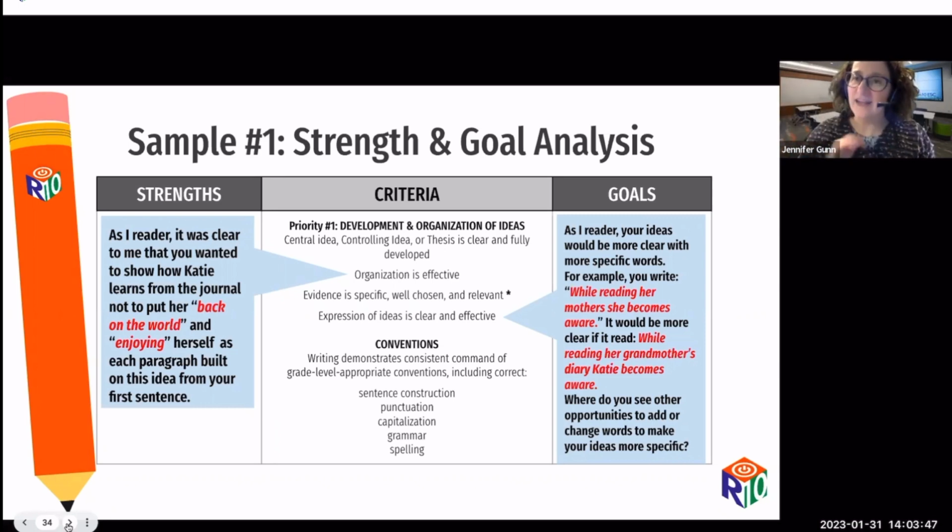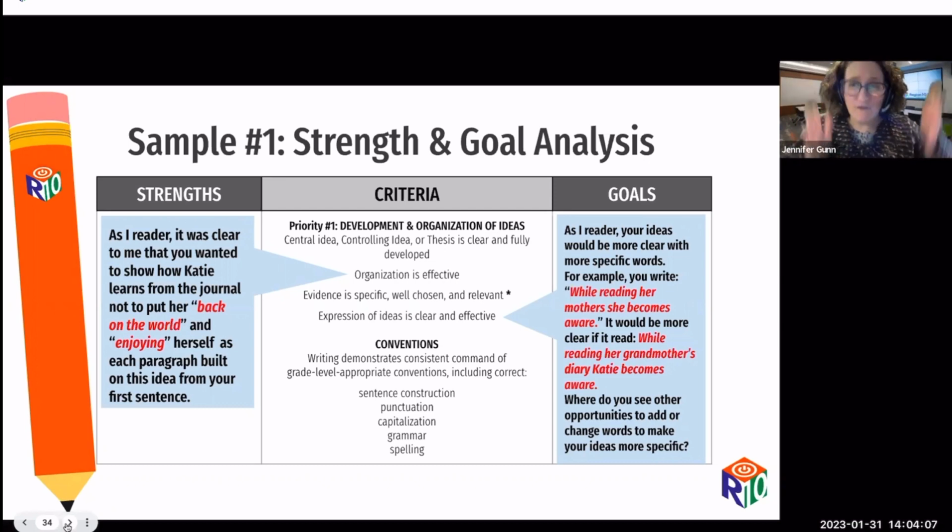And then I want to ask the student, where do you see other opportunities to add or change words to make your ideas more specific? and lead that student to some independent reflection to continue self-correcting and revising and improving.